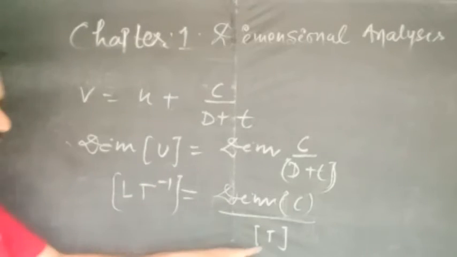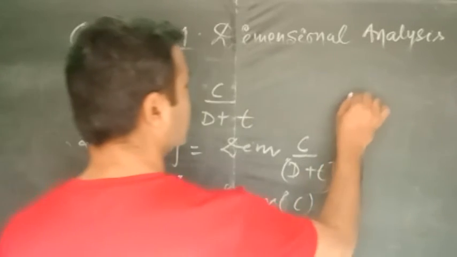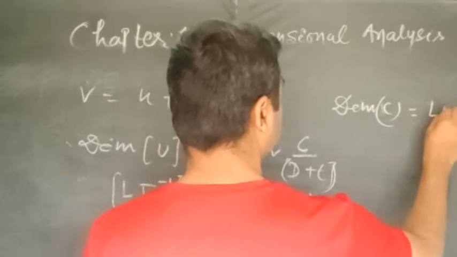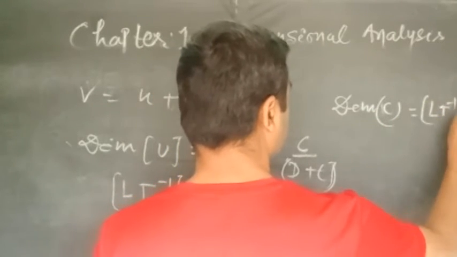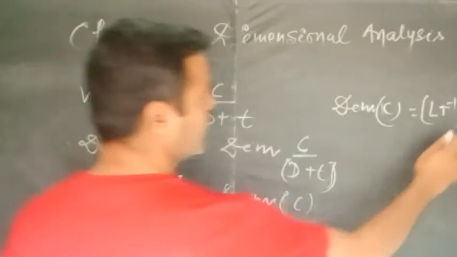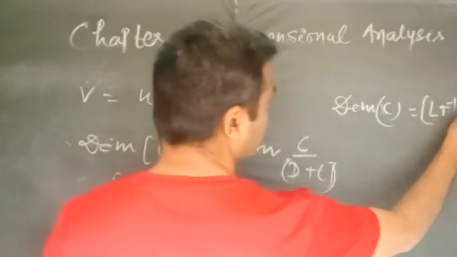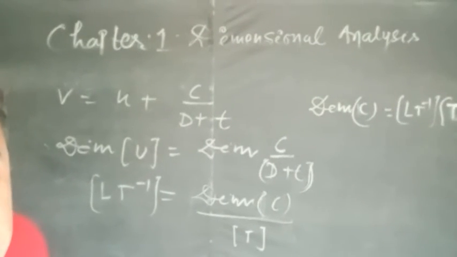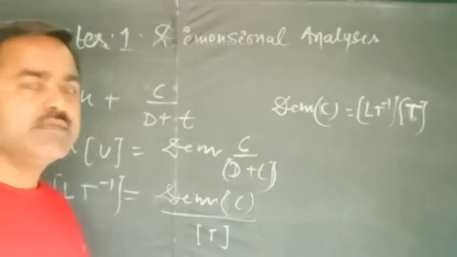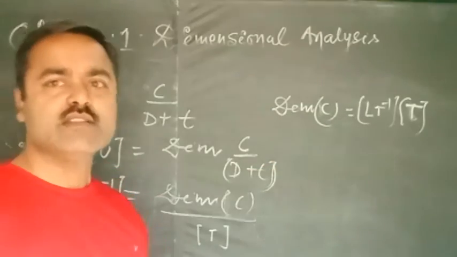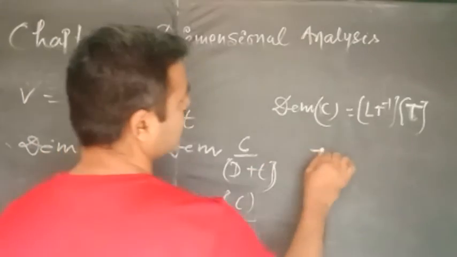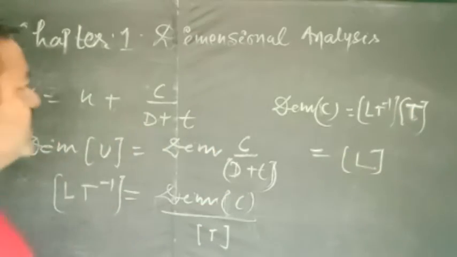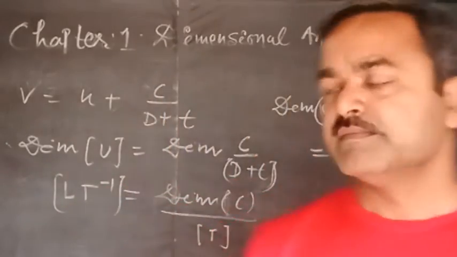Just do the cross multiply. We will get the dimensional formula of C equal LT minus 1 multiplied by T. Cross multiplying, T minus 1 times T is equal to 1, so we get L. So C is also a distance and D is also a time.